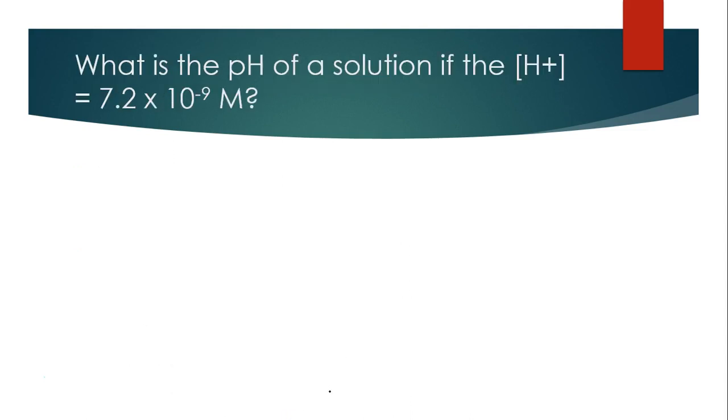Now it's time for practice problems. Okay, so your first one says, what is the pH of a solution if the H plus concentration is this? So all we're going to do, if they're asking me for the pH, my pH equation is the negative log of the concentration of the H pluses. So we're going to take this number, and in your calculator, you're going to type negative log.